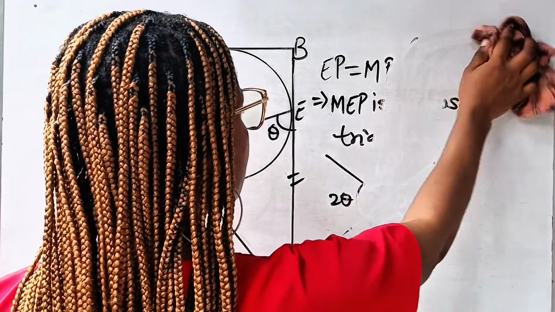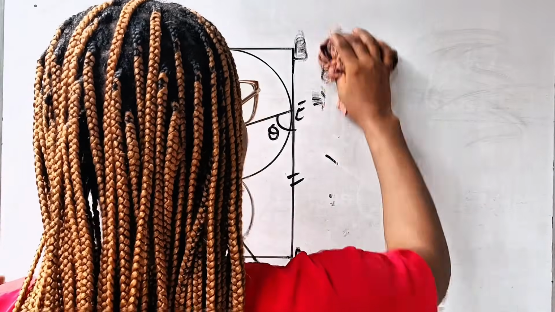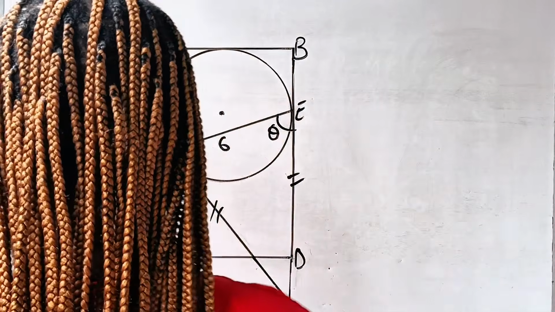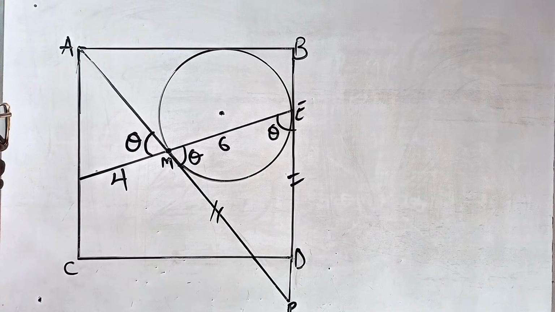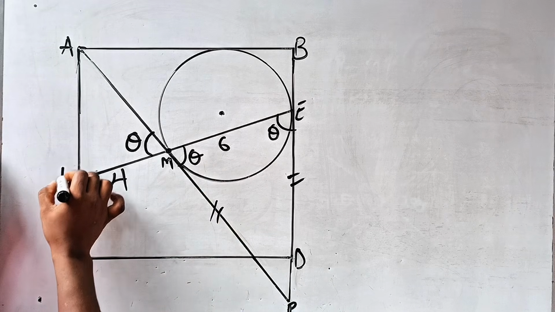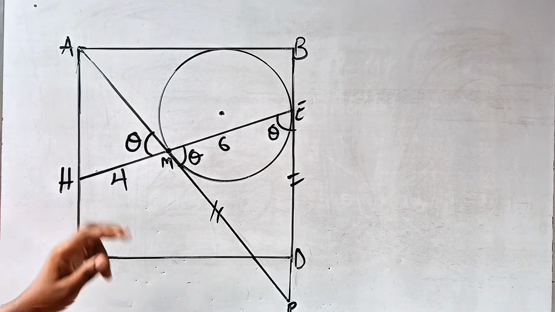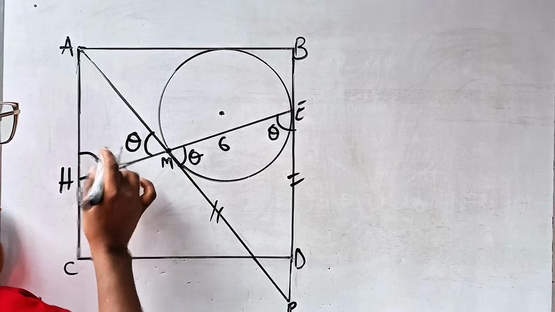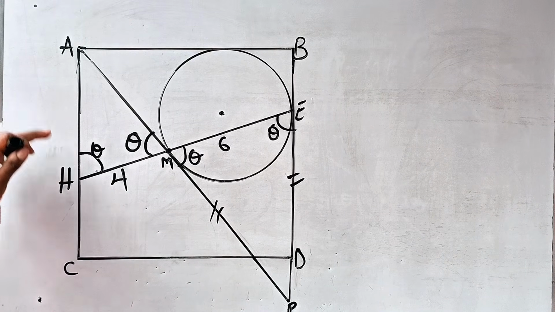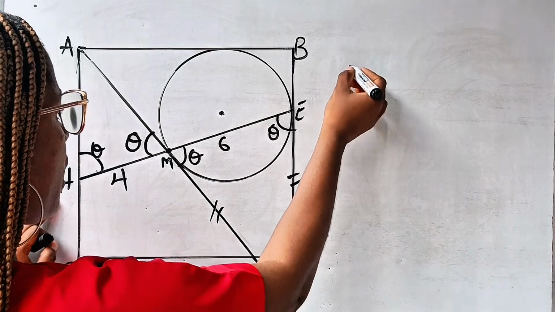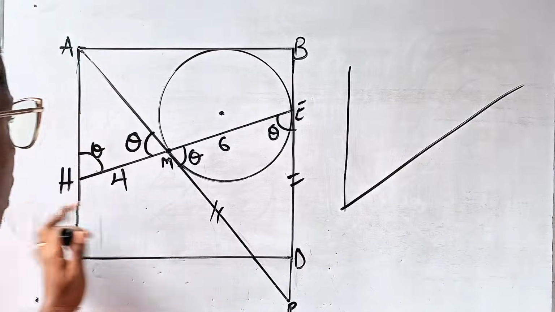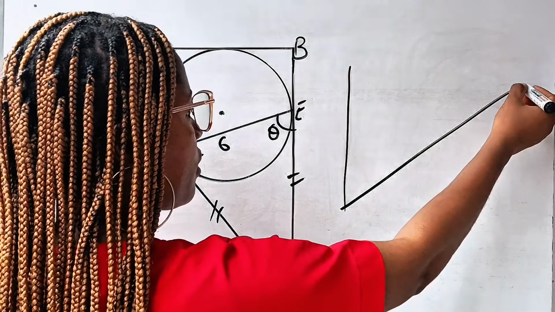Moving forward, you will notice that this angle here, let's call it H. So the angle at point H is also theta. I will explain. Now, if you look at AH and HE, and let's draw EP.